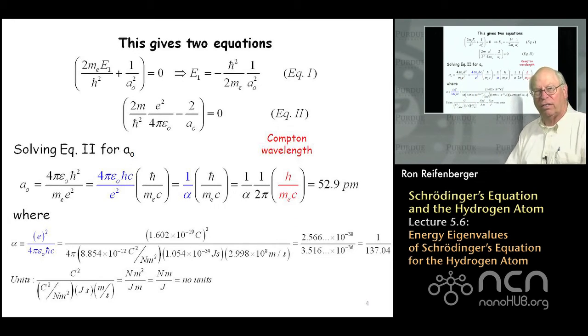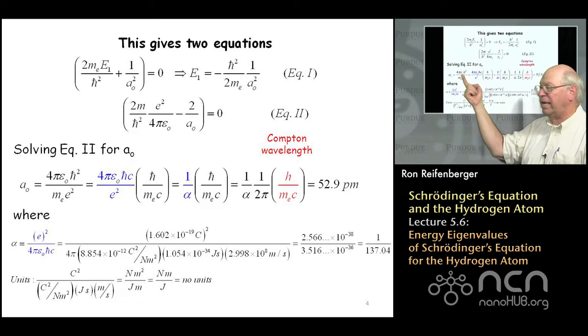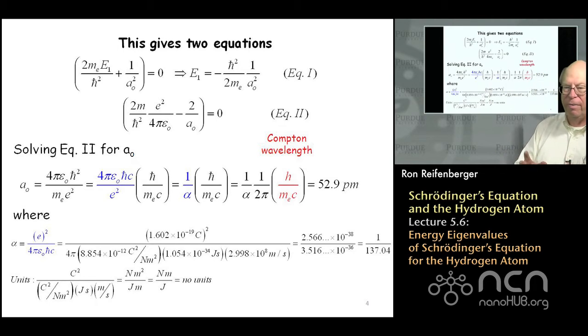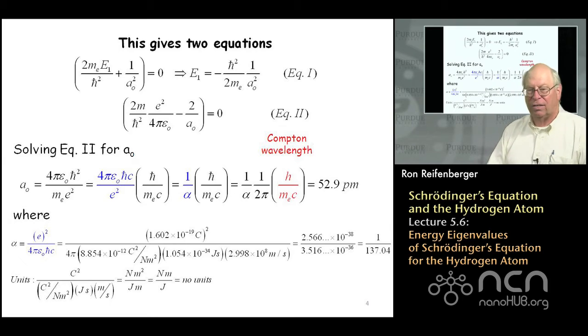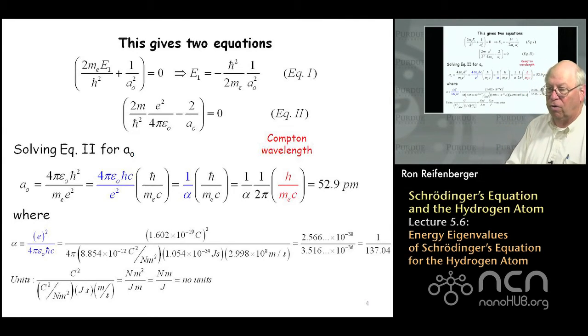It depends on the permittivity of vacuum, that's this quantity epsilon naught that surfaces when we discuss Coulomb's law. It's got Planck's constant squared. It's got the mass of the electron. It's got the charge on the electron squared. So this parameter A0 is basically determined by a lot of constants of nature, things that we don't really have control over.